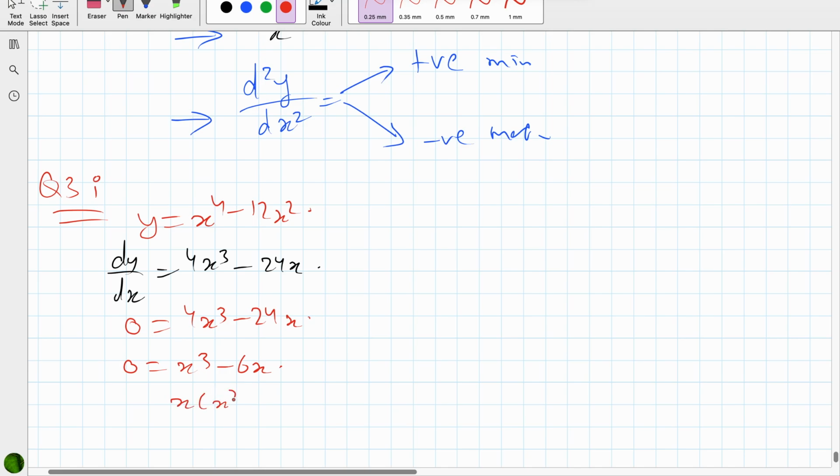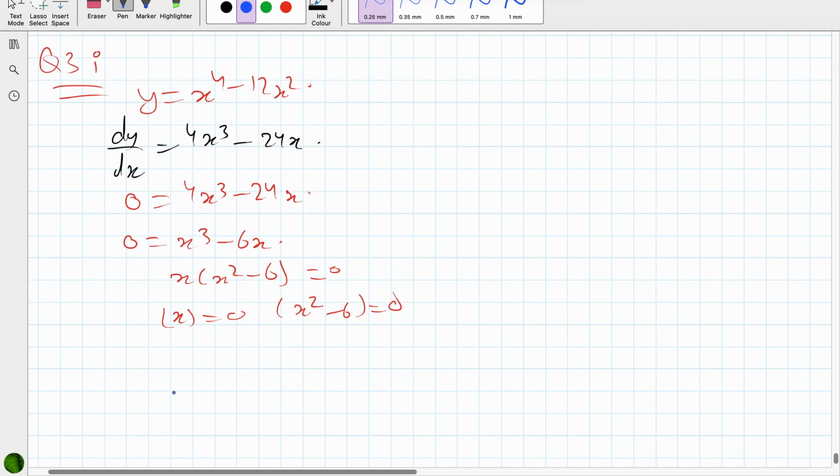Taking out common, this is x times x squared minus 6 is equal to 0. First factor is equal to 0, second factor is equal to 0. So we know that x is equal to 0 and x squared is equal to 6, which would result in x equal to square root 6 and x equal to negative square root 6. So we have 3 values of x.